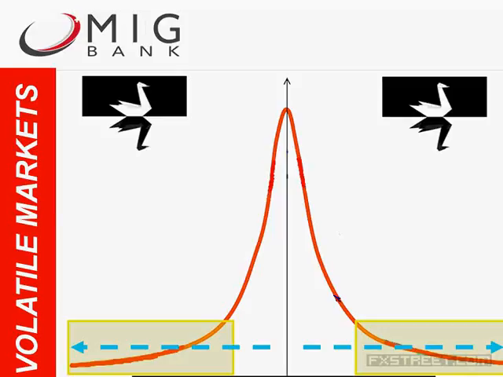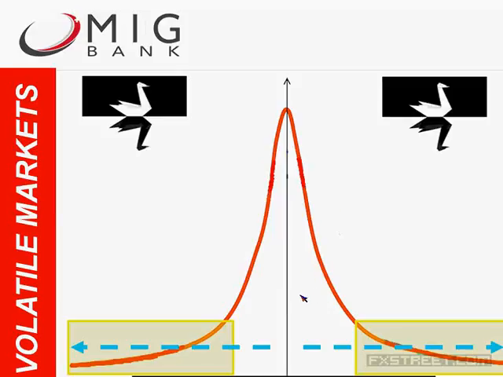This chart is illustrating a probability distribution. So the chances of anything happening in the market or in life or in anything. Basically, this distribution shows you deviations at any time in the market.